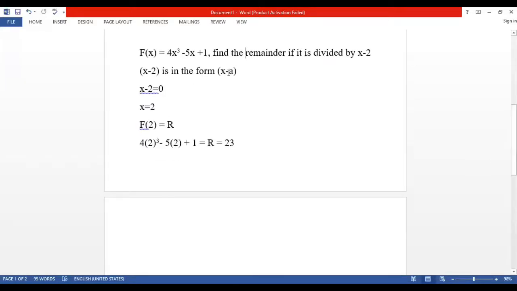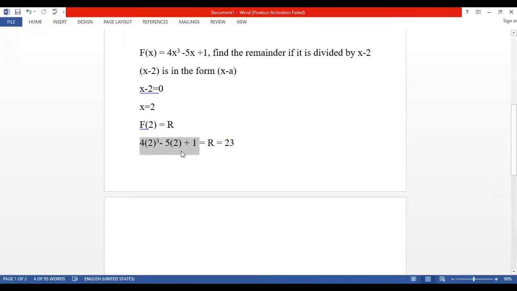So we equate x minus 2 to 0, and we get the value of x as 2. Then we replace every x with 2, and we get this whole expression, which is equated to r.